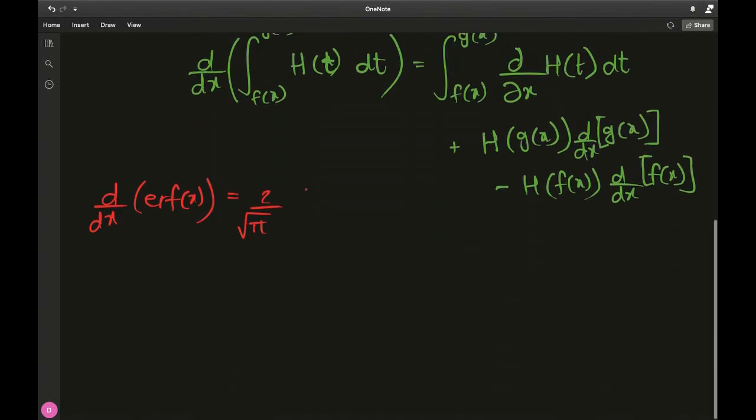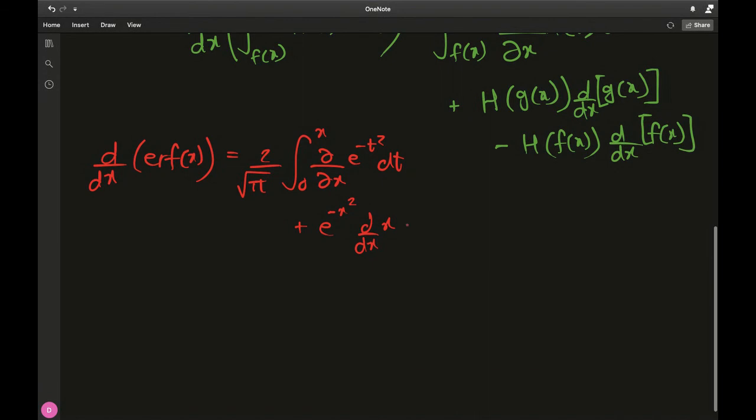Then we have the integral from 0 to x of the partial with respect to x of e to the negative t squared dt, plus e to the negative x squared, plugging the upper bound in place of t, times the derivative with respect to x of x, because that's exactly what the upper bound was, minus e to the negative 0 squared times the derivative with respect to x of 0.